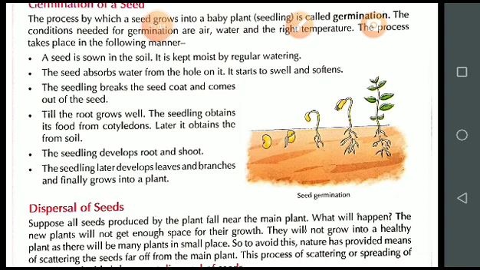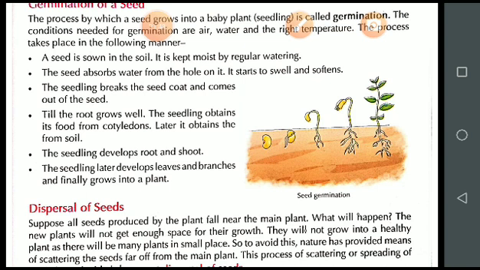When the seed comes in touch with the soil and with the water, once the water enters inside the seed, the embryo starts getting nourishment, and it gets its food from the cotyledons. Now student, if you keep a seed anywhere other than in the soil, you will see that the seed is very hard.